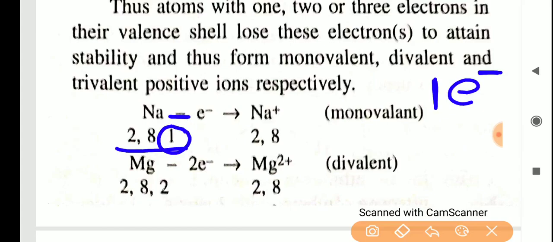So when an atom loses 1 electron, it gets a positive charge, Na plus. Only one positive charge is there. That is why sodium is known as a monovalent ion. Mono means 1, the element containing only one valency is monovalent.